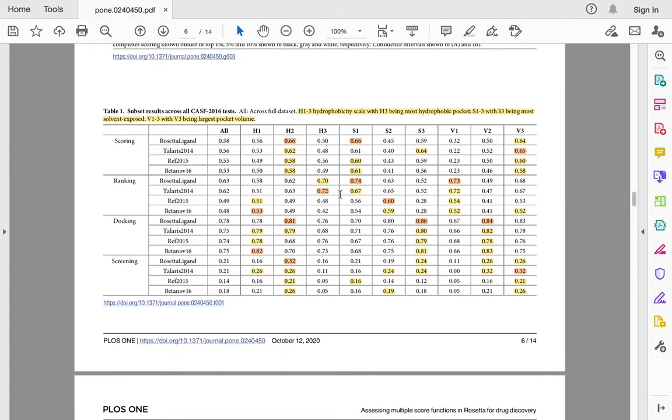This paper also introduced 3 metrics that influence the performance of different score functions, and they are H, pocket hydrophobicity, S, solvent accessible surface area, and V, pocket volume. So we can use this table as a reference to decide which score function to use based on our interest.